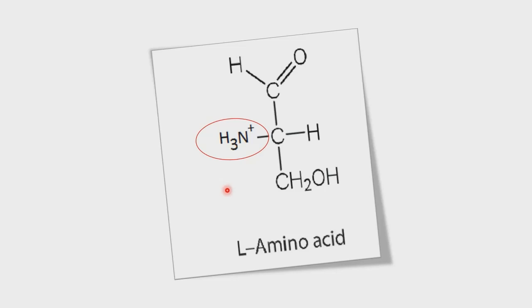An L-amino acid is a left-handed molecule because you see the amino group is located towards the left. Amino acids are the building blocks of protein. They contain the carboxylic group and the amino group. So this is an example of a left-handed molecule.